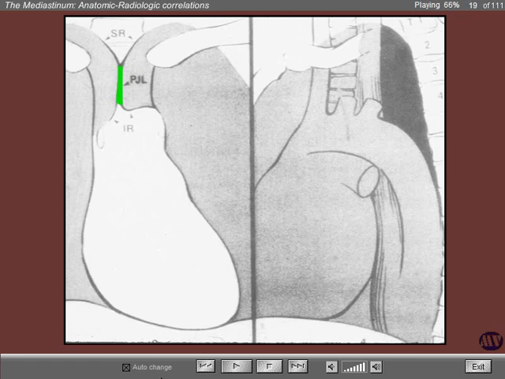Note that cephalically it branches, so the appearance of this region would be the appearance of a letter Y. In the lateral view of the chest, the anterior portion of the posterior junction line is always behind the esophagus.